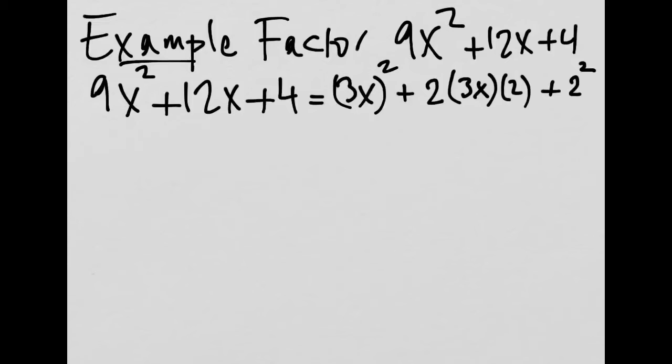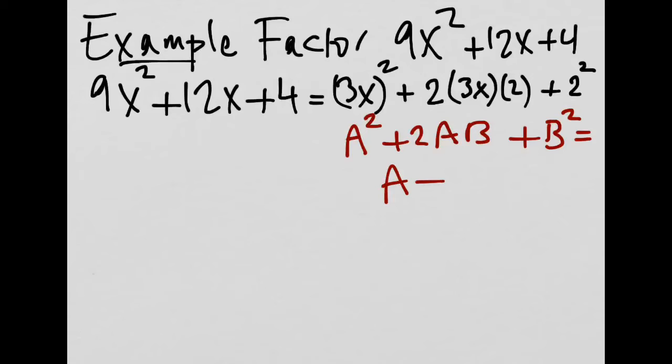Now this is something of the form a squared plus 2 times a times b plus b squared. Here, 3x is playing the role of a, and 2 is playing the role of b. And we know from our identities that this is none other than a plus b squared.